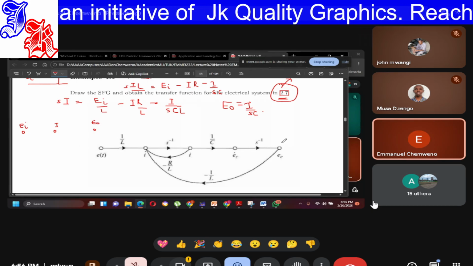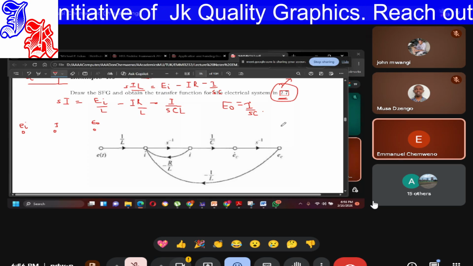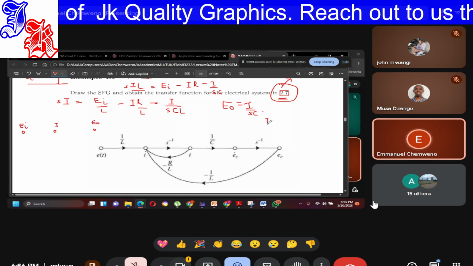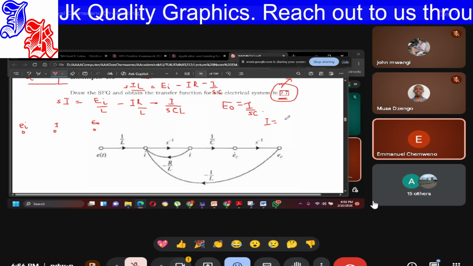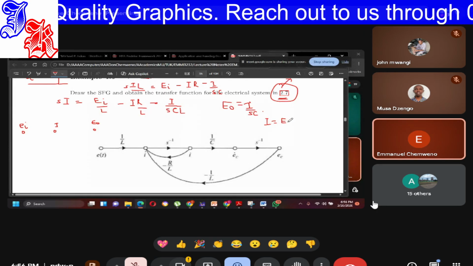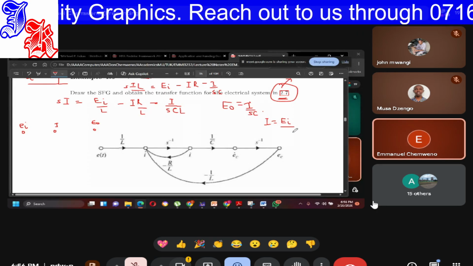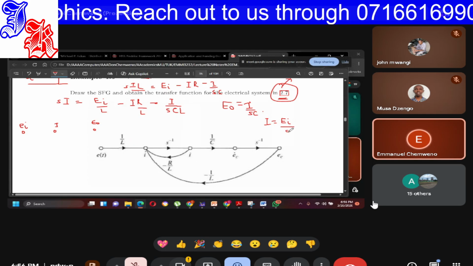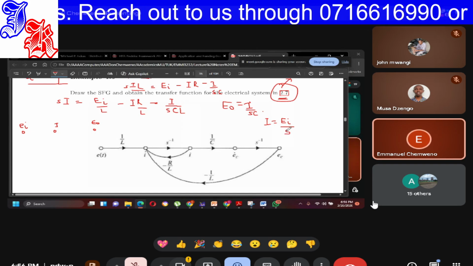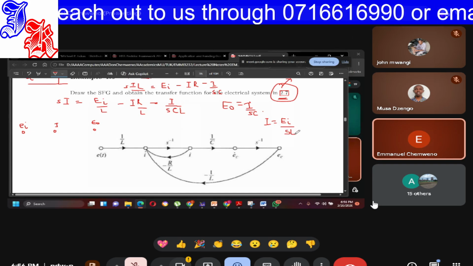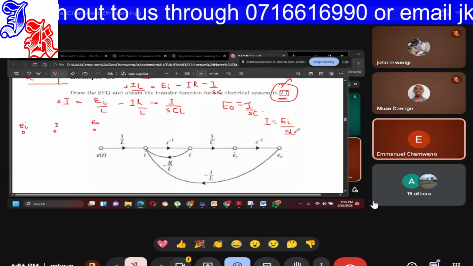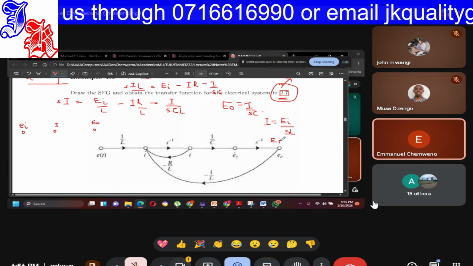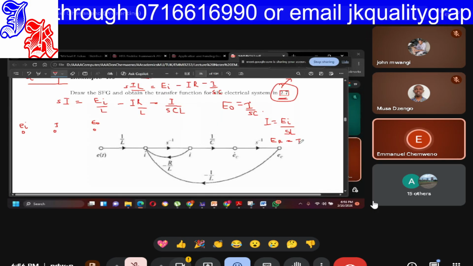So I will say that I of S is equal to EI over S over SL. ER is equal to IR.